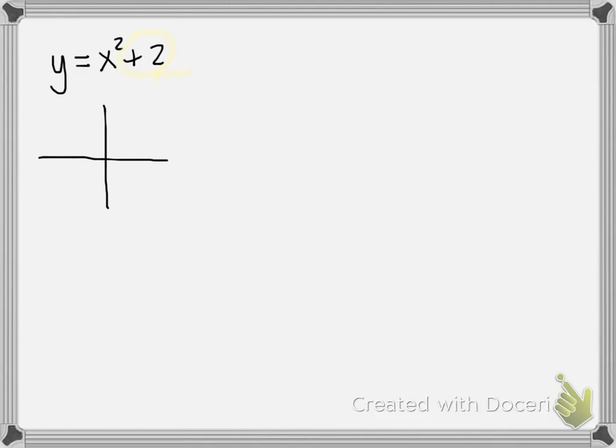That means it's going to go up 2. Okay, so I'm going to sketch it, and it can just be a sketch, you don't have to make it perfect. Okay, then it said identify the vertex. So the vertex would be, the x didn't move, it's still on 0, and the y is now 2.